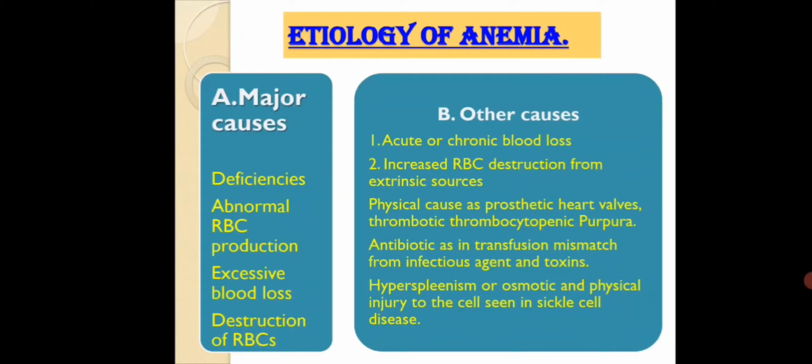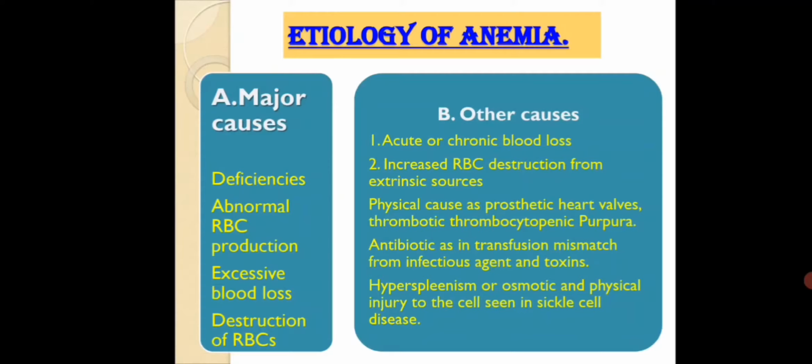Then increased RBC destruction from extrinsic sources. There will be increased RBC destruction from external sources. That is like a physical cause. Maybe there is a prosthetic heart valve or thrombocytopenic purpura.